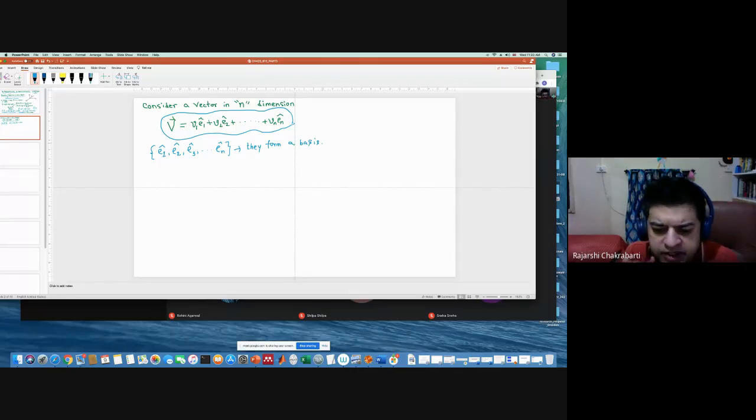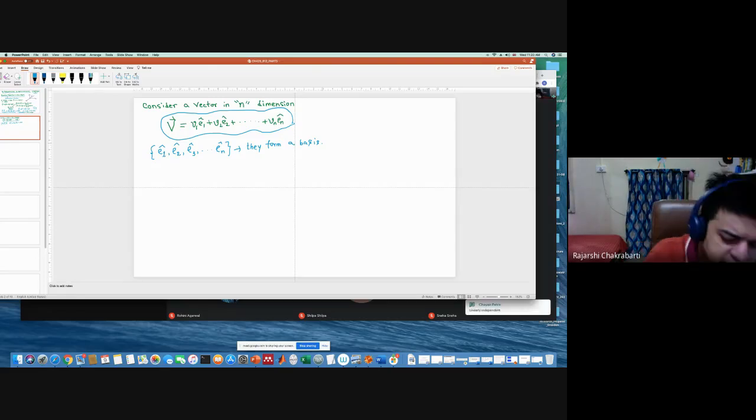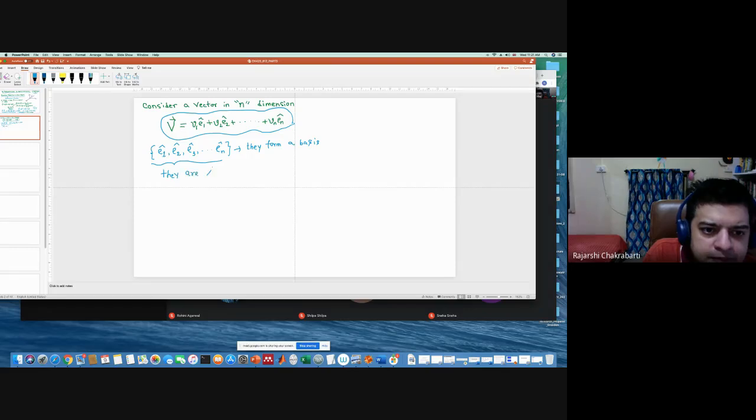Maybe you can write it in the chat box. Yes, somebody says linearly independent. So the point is, all these vectors shown here are linearly independent.